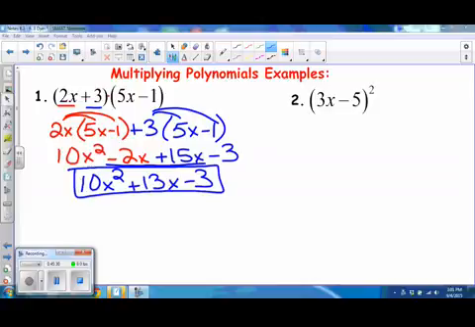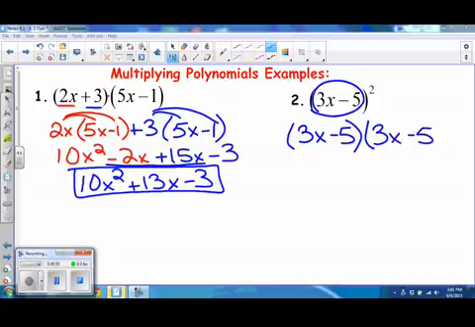Now, in example 2, we have 3x minus 5 squared. Let me ask you this. If it was x squared, is x times x, right? 7 squared is 7 times 7, right? 32 squared is 32 times 32. So, 3x minus 5 squared is 3x minus 5 times 3x minus 5.